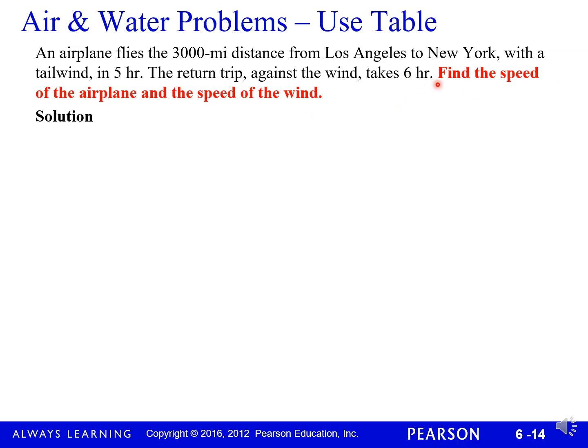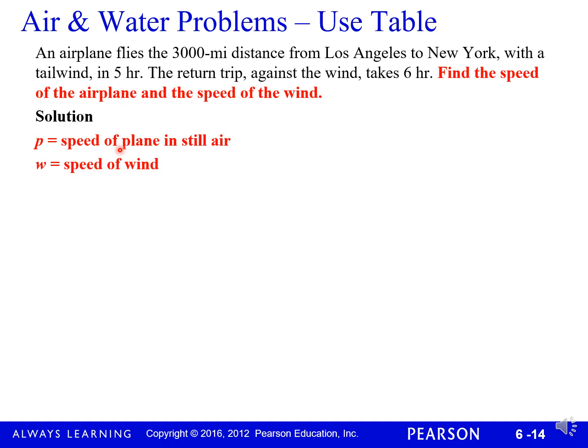Okay, remember, first thing we do is assign variables. In this case, I'm going to have P is the speed of the plane, and W is the speed of the wind. All right. So notice when we're going from LA to New York, what is the speed of the plane?